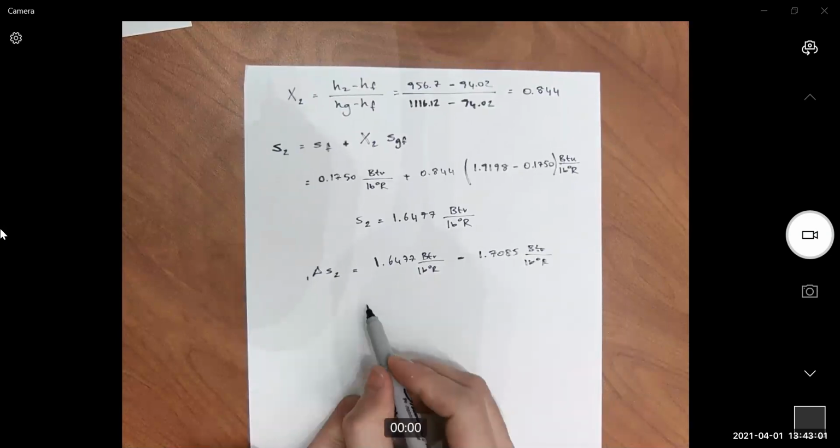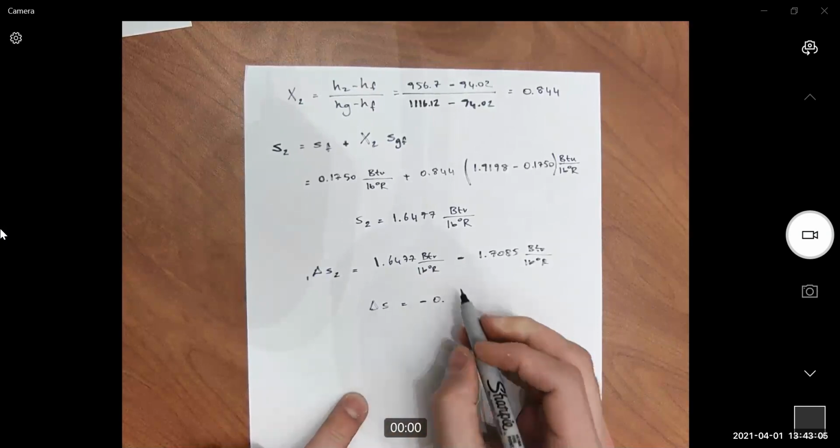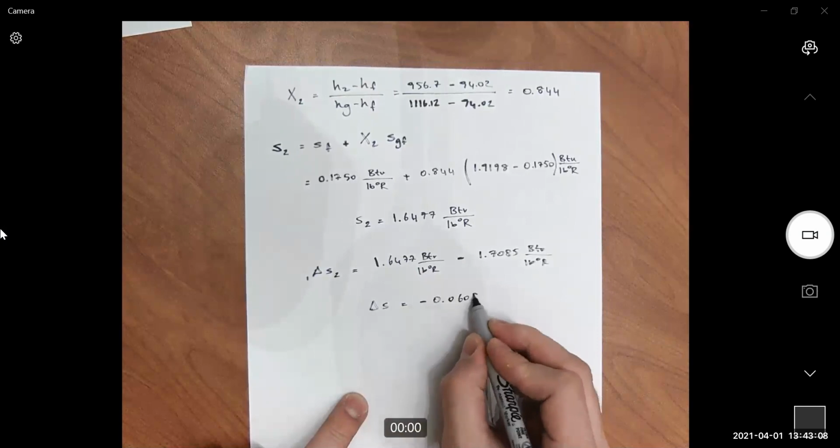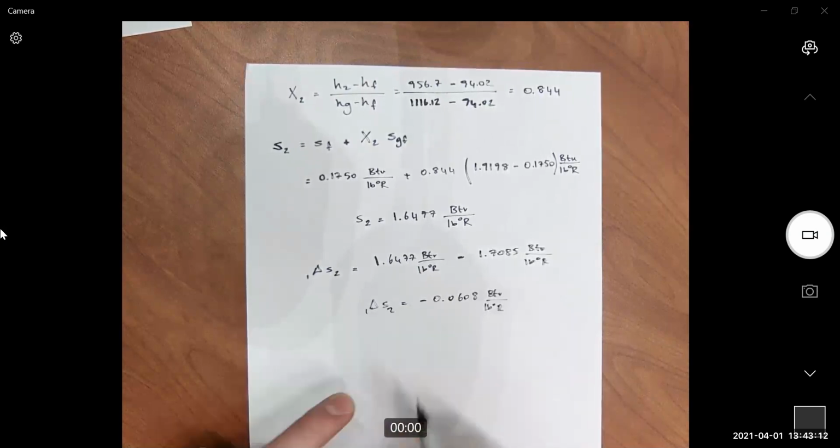So delta S equals minus 0.0608 BTU per pound degree Rankine from state 1 to state 2.